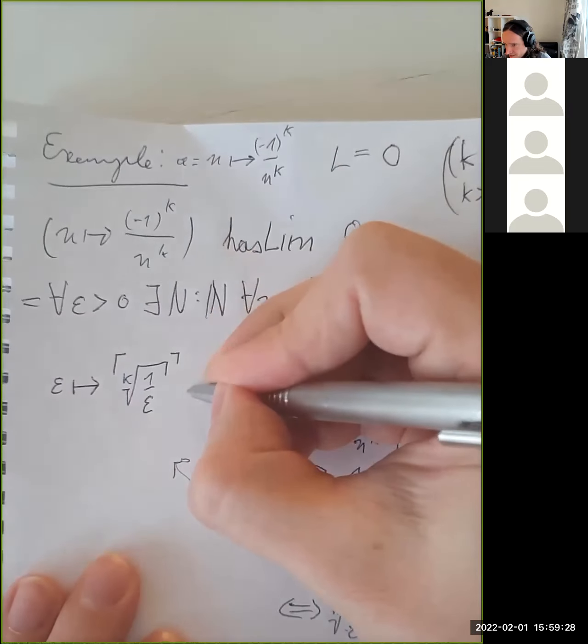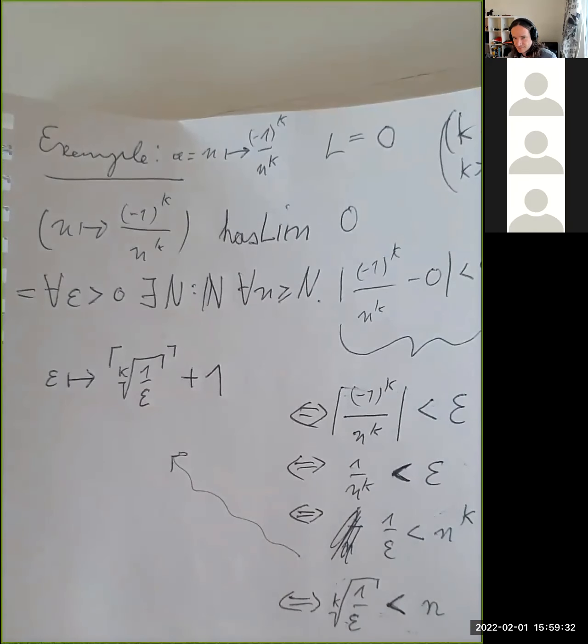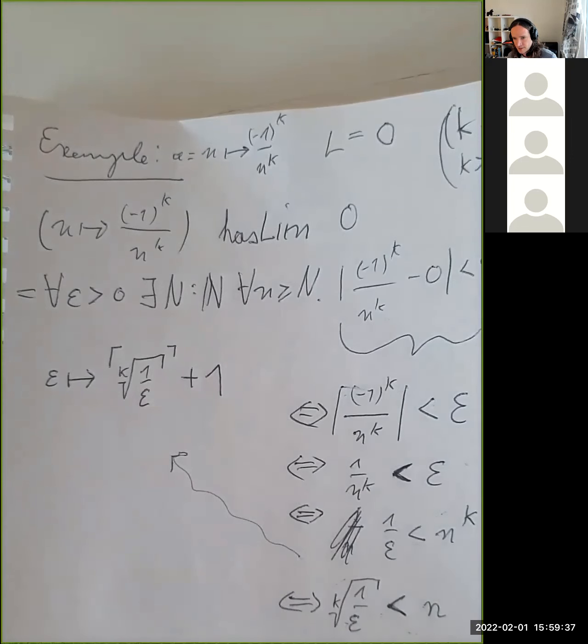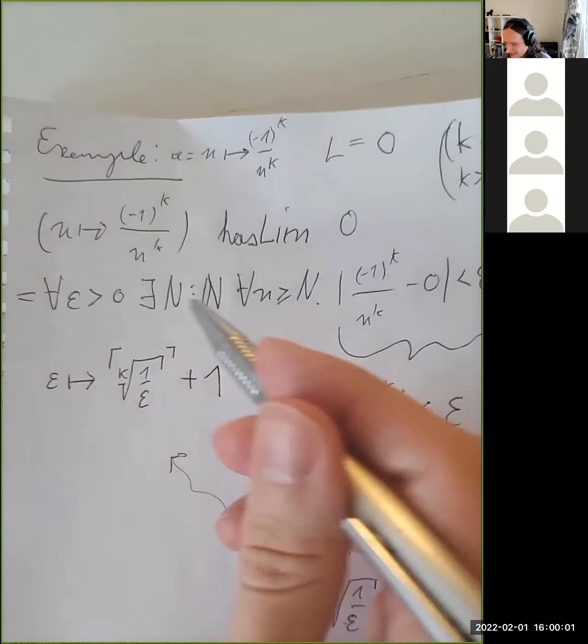So we take ceiling again and add 1. The +1 is needed again, because we could land in a corner case and then we were a tiny bit too small with our n here.